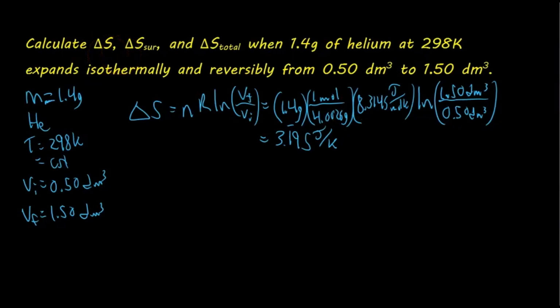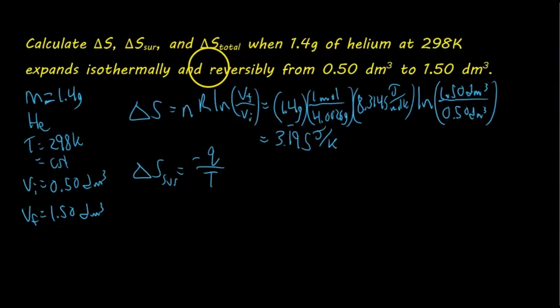What about the surroundings? Normally we would write the change in entropy of the surroundings, based on the thermodynamic definition, as equal to negative Q over the temperature. So the energy lost as heat to the surroundings is gained as heat by the system. But in this case, we didn't calculate what the Q is.